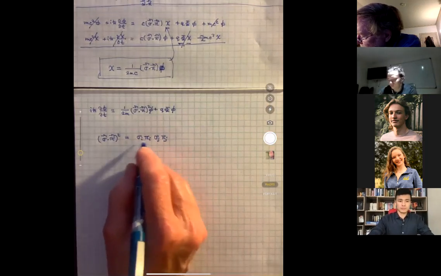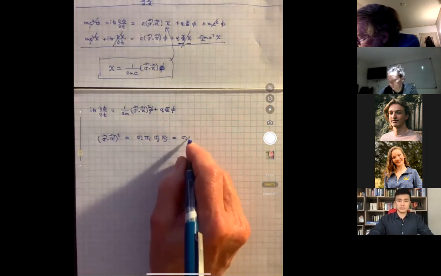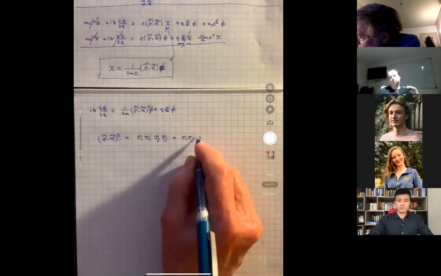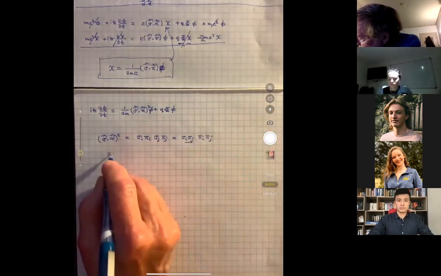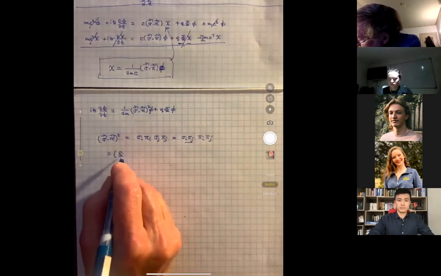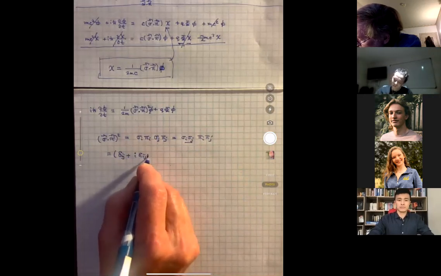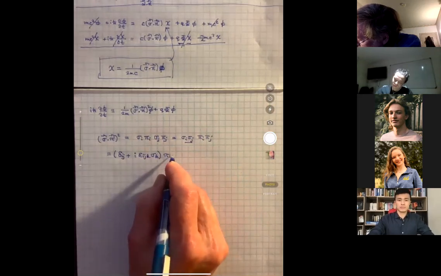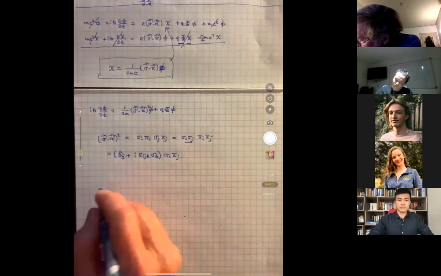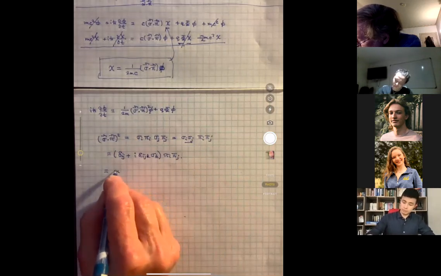The σ doesn't commute with σ, but it does commute with π. So we can arrange this as σ_i σ_j π_i π_j. But σ_i σ_j, by the algebra of the Pauli matrices, is Kronecker delta ij plus i epsilon ijk σ_k, multiplying onto π_i π_j. Of these, the first term with the Kronecker delta just gives me π vector squared.